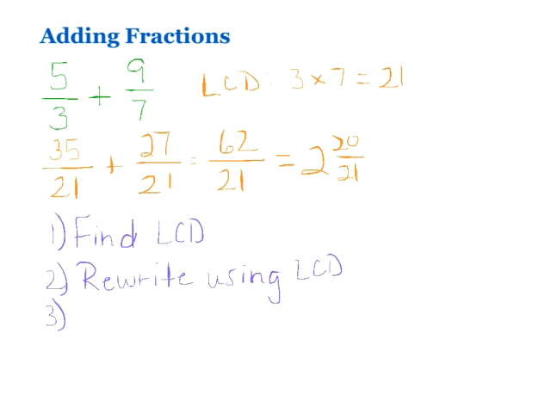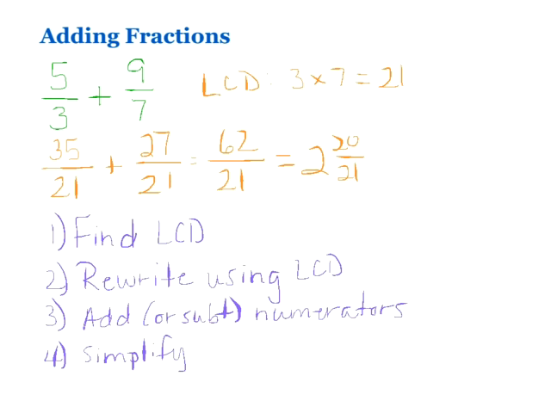Then, once we have our equivalent fractions, we can do the actual adding and subtracting by adding or subtracting, whichever the case may be, the numerators, but only the numerators. The denominators are going to stay the same. And then finally, number 4, we need to take a look to see if anything needs to be simplified. A lot of times it will not need to be simplified, but we do need to take a look to make sure.